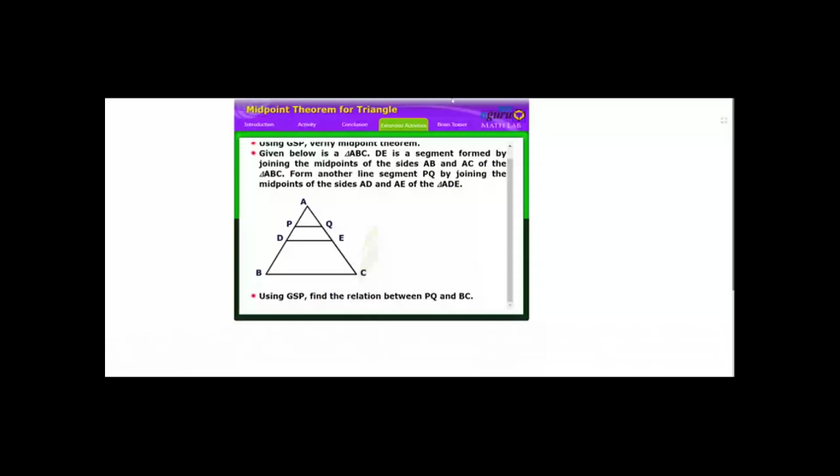We are looking at the midpoint theorem. Here, there is a triangle ABC. DE is formed by joining the midpoints. Another line PQ is joining the midpoints of AD.